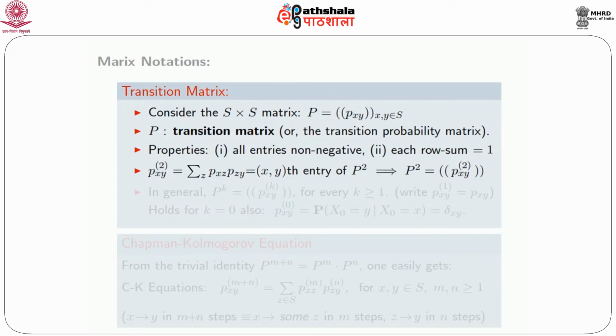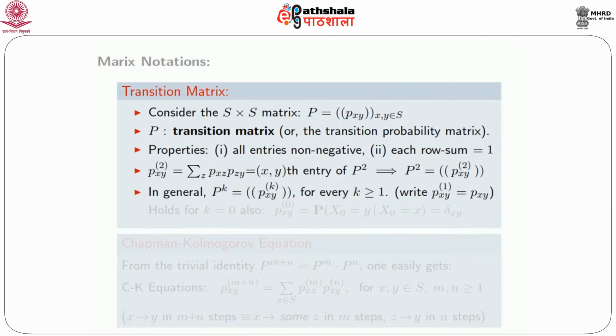So which means if we look at the square of the matrix P, then its entries really give us the two-step transition probabilities. So that's very convenient, and that's generally true: the kth power of P is the matrix whose xyth entry gives the k-step transition probabilities. Well, this is for all k greater than or equal to 1.